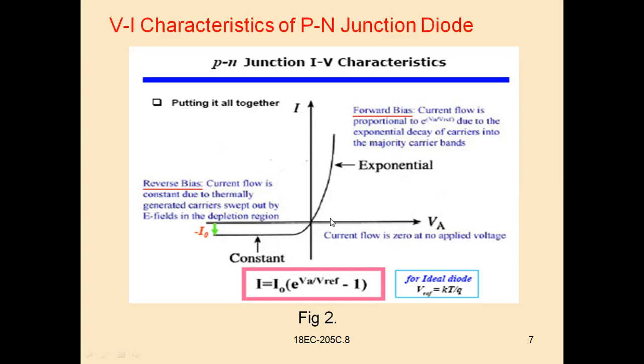The current starts to rise in an exponential manner, right? This is due to exponential increase of carriers into the majority charge carrier bands. Whereas in the reverse bias, the current flow is constant due to thermally generated carriers swept out by the electric field in the depletion layer.